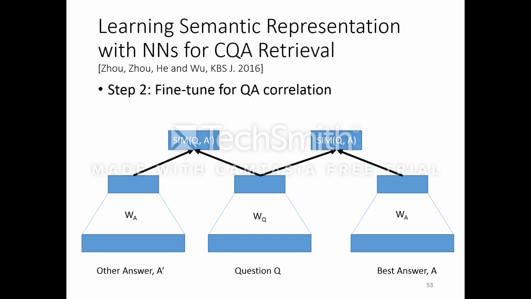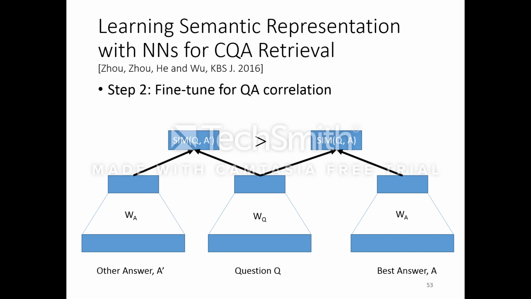So if that is not satisfied, then the autoencoders have not learned to associate the questions with their best answers, which is not expected at the beginning of this step because you have learned separate autoencoders. But by using what we'll see now, eventually we expect the autoencoders to be able to correlate questions with their best answers.